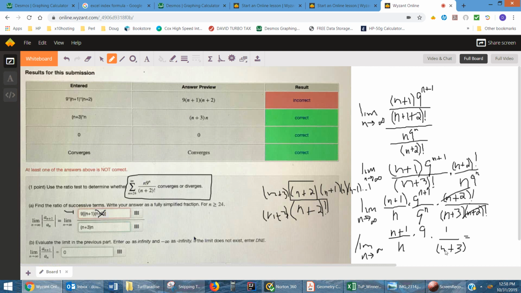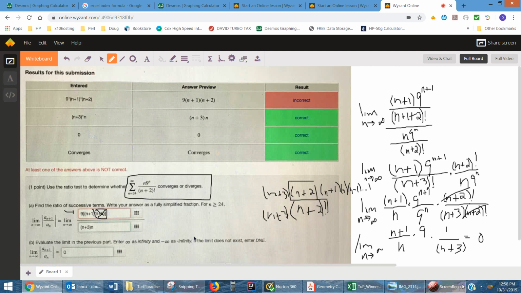And if you multiply the n times n plus 3 using the distributive property, you get n squared in the denominator, n in the numerator. So the limit will be 0, which is what you have in the rest. So just a question of realizing this n plus 2 should not be there.